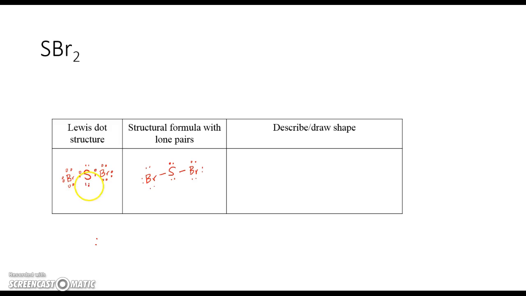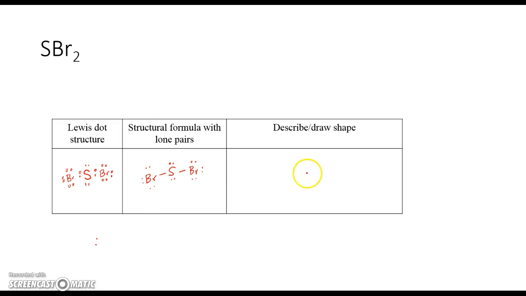The key in all of this one is that when you look at sulfur over here, you again see you have 4 electron domains. You have one over here. This lone pair is considered an electron domain, another electron domain here, and one more here. We're going to ignore the electron domains over here because bromine isn't attached to anything else other than the sulfur.